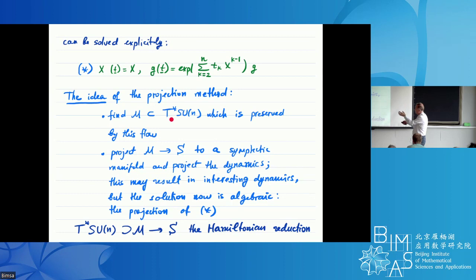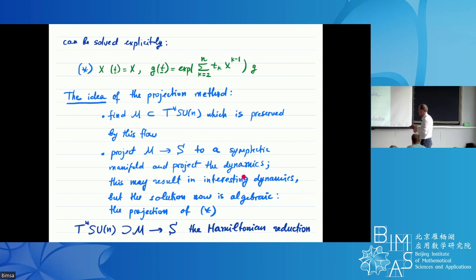And step number 2, you try to find the symplectic manifold S such that you can project from M to S, and this dynamics that is symplectic at the top remains interesting symplectic dynamics, Hamiltonian dynamics, at the bottom.